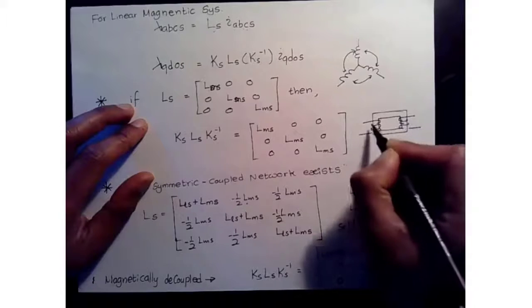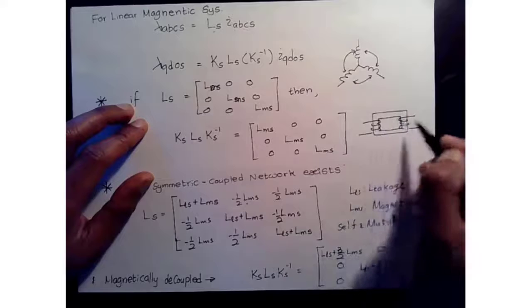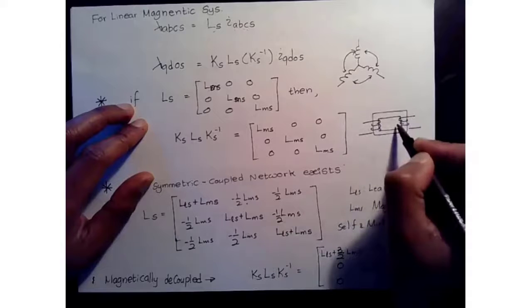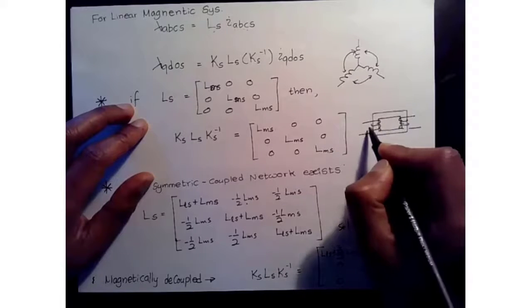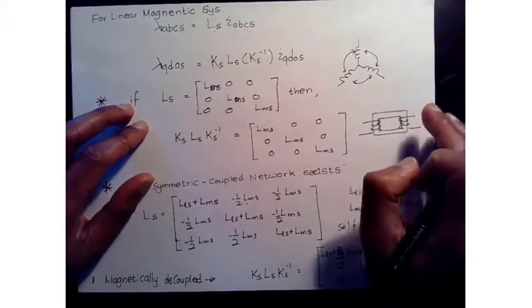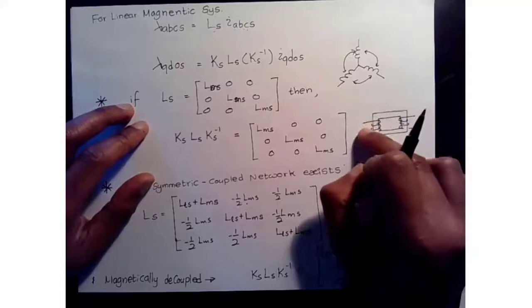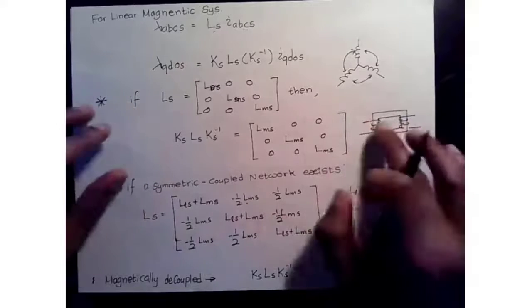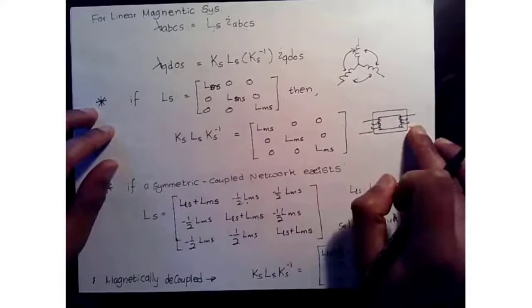We talked about self-inductance and mutual inductance. How much flux is linking through this because of the current in this winding? We talked about the mutual inductance component there.